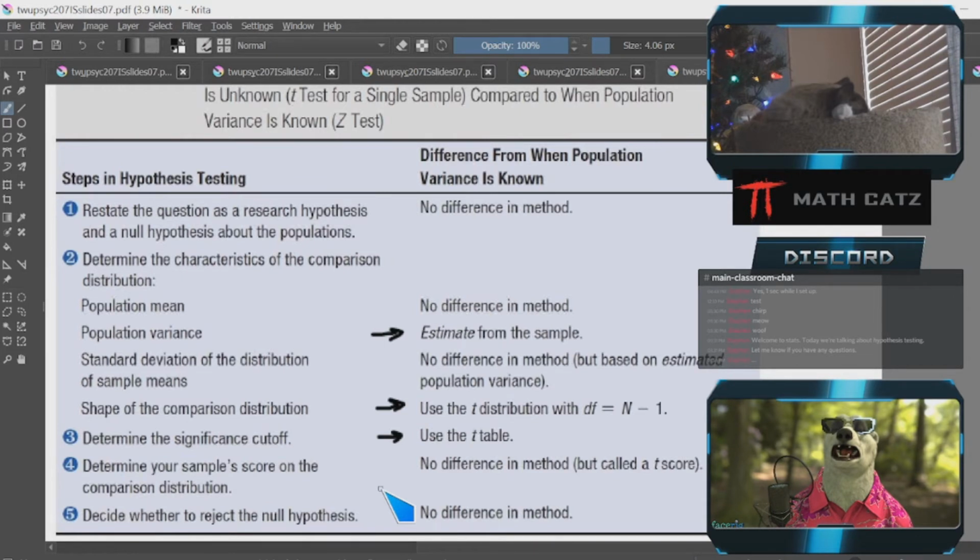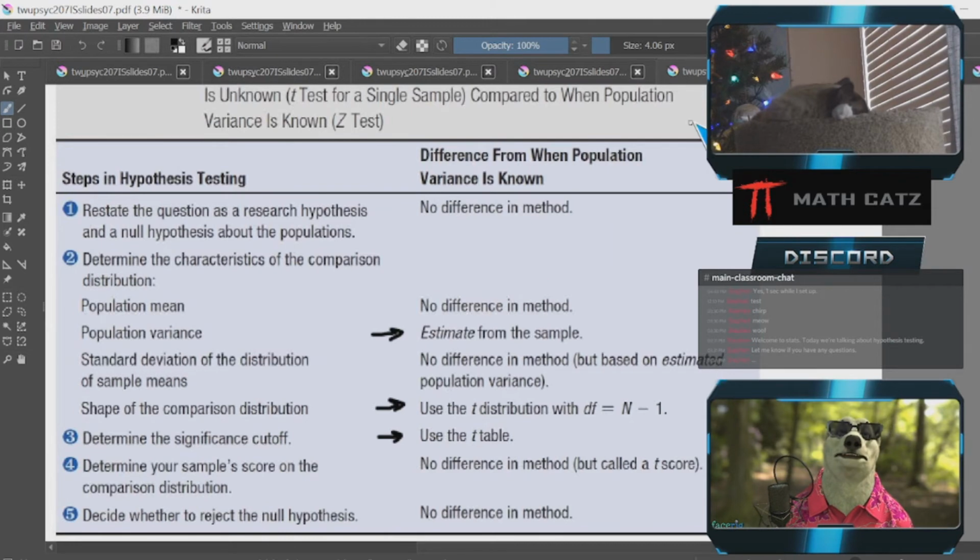So a lot of similarities. It shouldn't be overwhelming or difficult. There are a couple of differences. The main difference is we have to estimate the population variance by way of the sample, and then it's the t distribution table score instead of the z distribution table score.